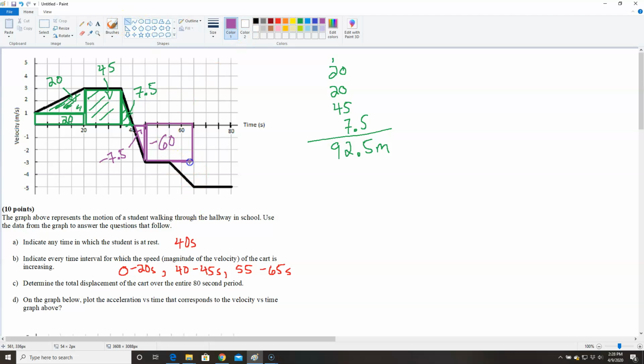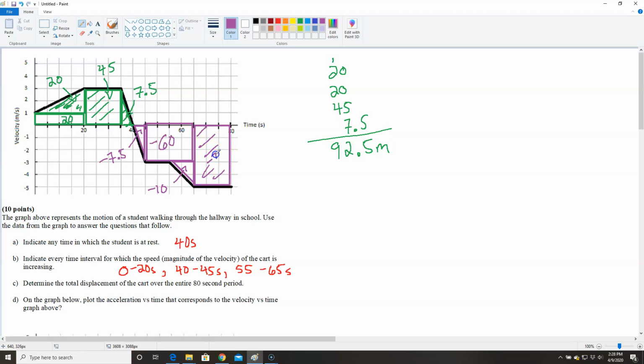I have a 10 by 2 triangle here. My 10 by 2 triangle will give me a total area of 10. And the last thing I have is a 15 by 5 rectangle. So 15 by 5.